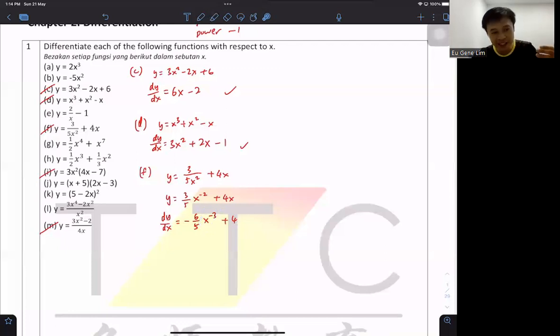So negative 6 over 5x power 3 plus 4. I just put it back down there, understand? So it becomes negative 6 over 5x cubed plus 4. But in exam, if you give your answer like this or like this, also correct.